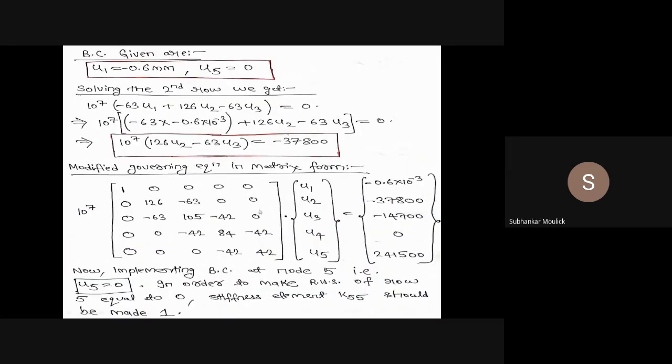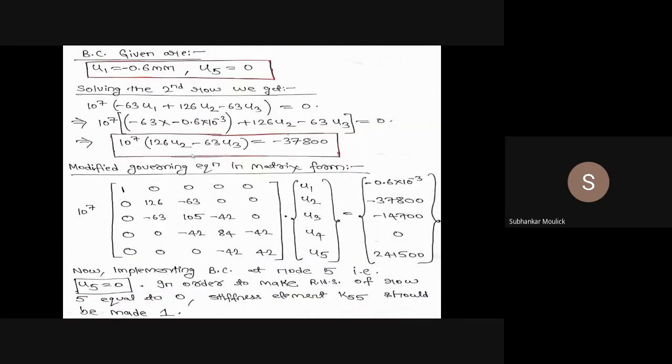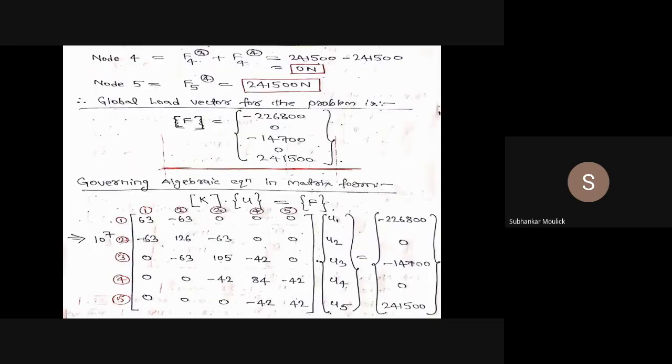For that, what I do is, if I solve the given matrix equation considering the second row, just multiply this particular row with this particular column.